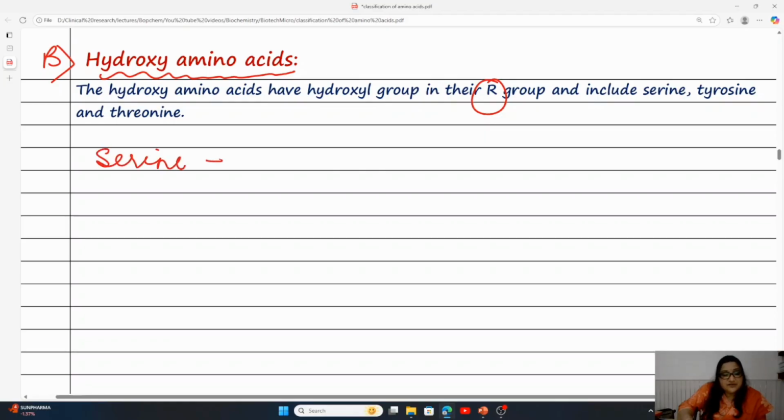The structure of serine goes like this: we don't have to disturb the structure of the typical amino acid. It goes like this, NH3 positive. But now here CH2 and OH. Okay, this is the structure of serine.